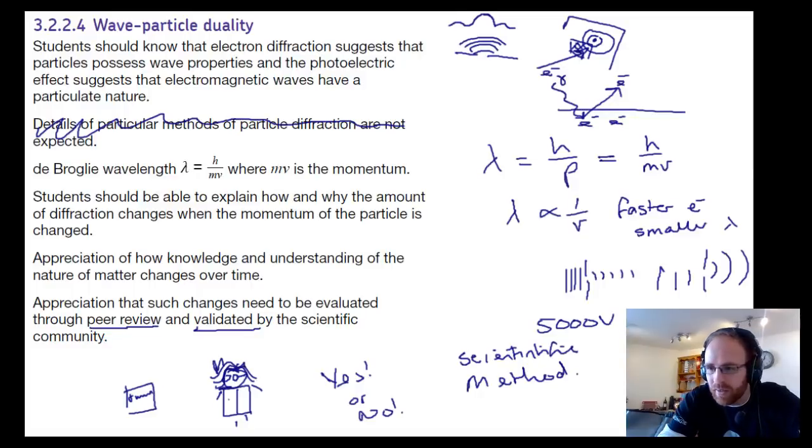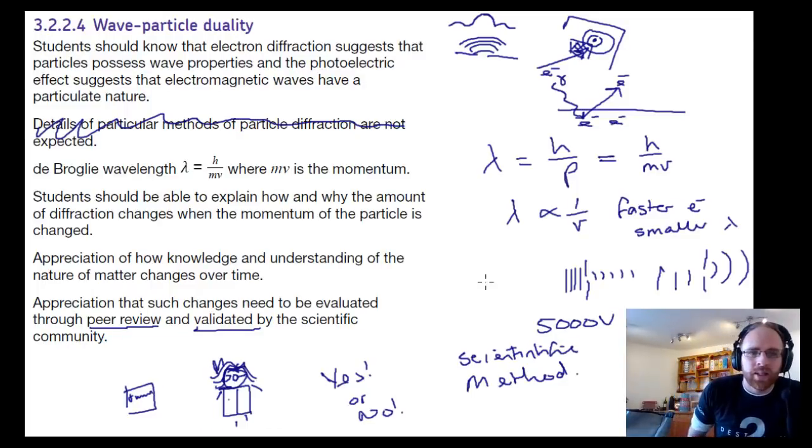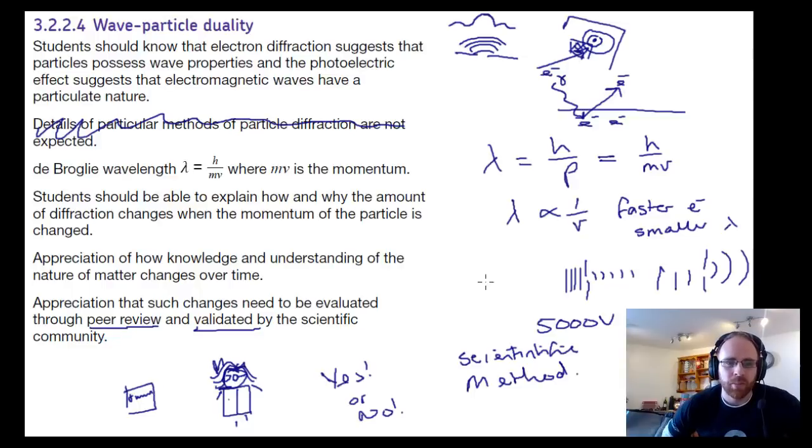I'll check we haven't missed anything from the spec. Then we go on to waves, and the specification analysis is already up, and you can watch that one. We've already got waves, we've already got electricity, because those are the ones that people found the hardest. This is the particles topic.